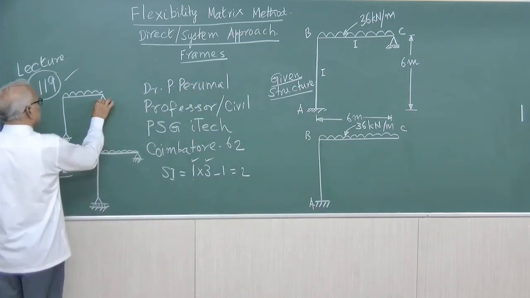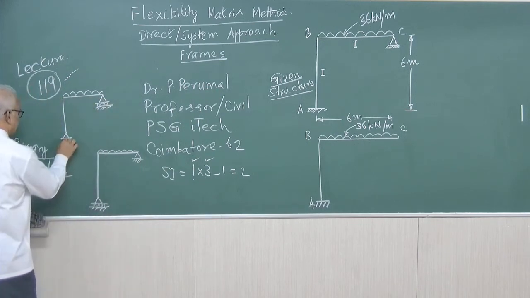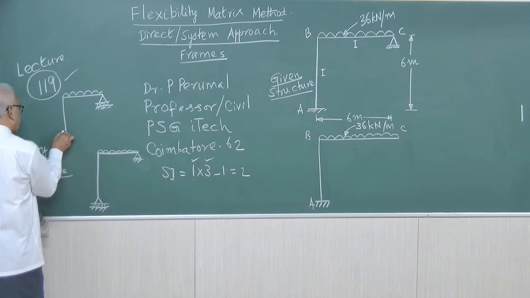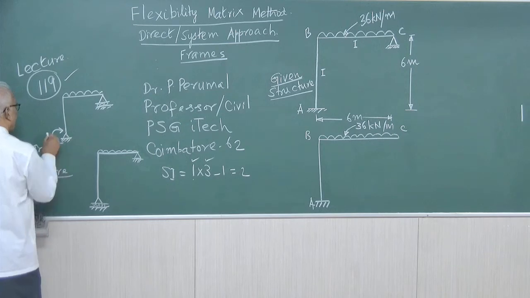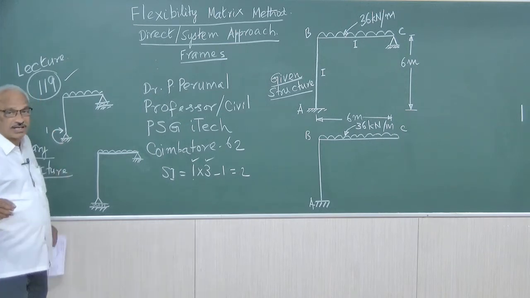By making this a hinged support, it cannot take a moment. Now, you have applied a moment release. Therefore, this is 1 degree of freedom, either clockwise or anti-clockwise. We have removed it, so now it cannot take any moment.